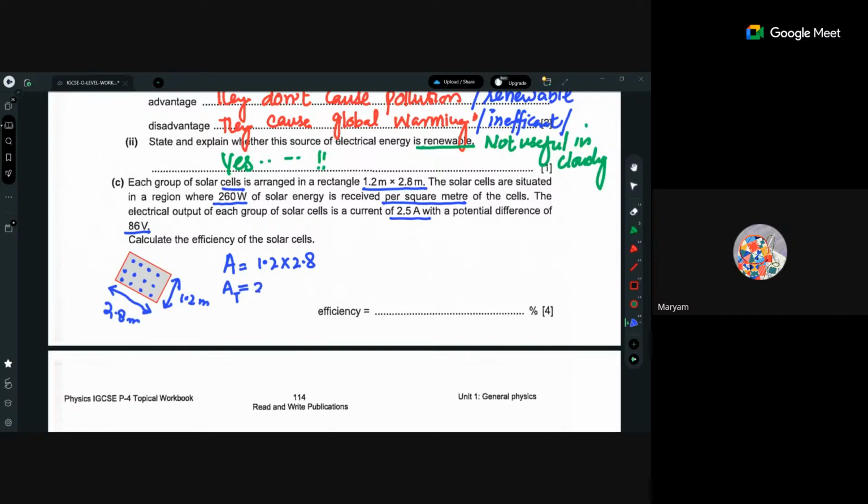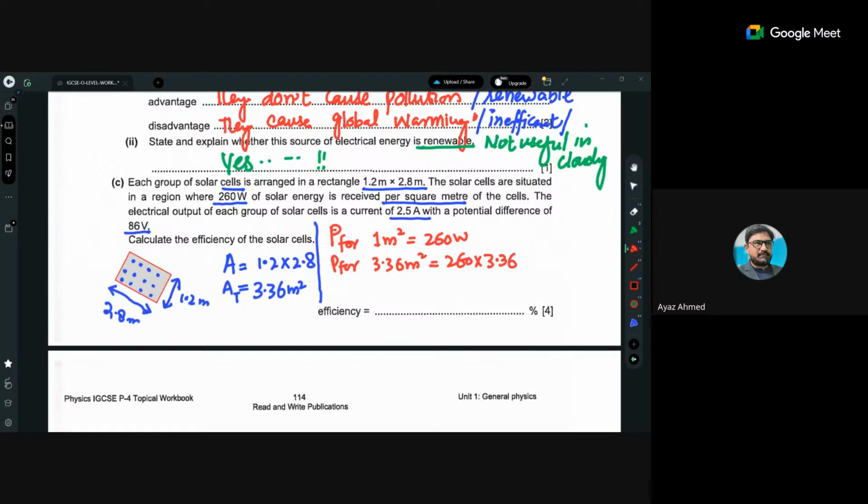3.36 square meter. No need to round it off because it is not the final answer. Now, power for 1 square meter is 260 watt. I mean, this is power input, right? And power input for 3.36 square meter will be equal to 260 times 3.36.